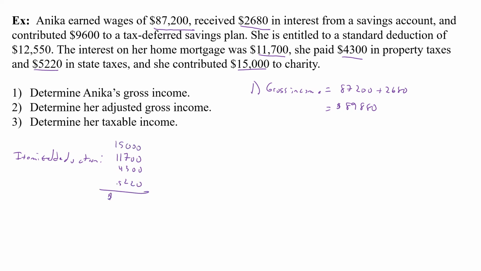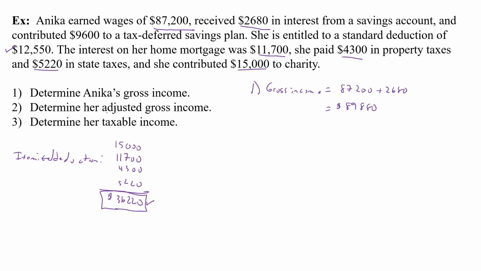And if we add all those together, we should get 36,220, and that would be the itemized deductions. Now, for part three, we're going to look at this number versus this number, which is the standard deduction. Well, this one is bigger, so we will take that one.